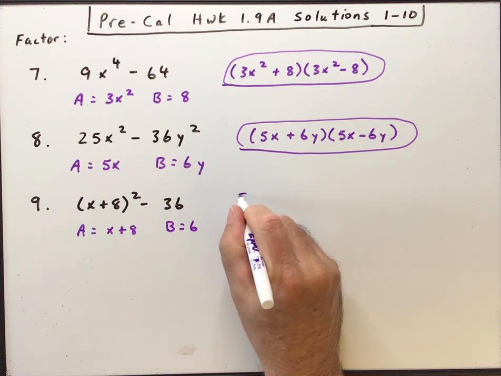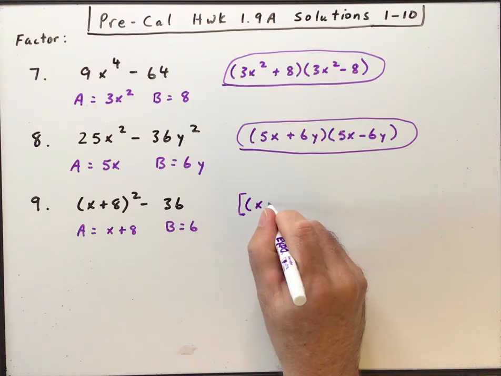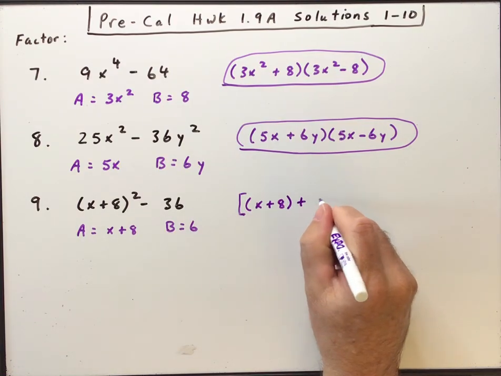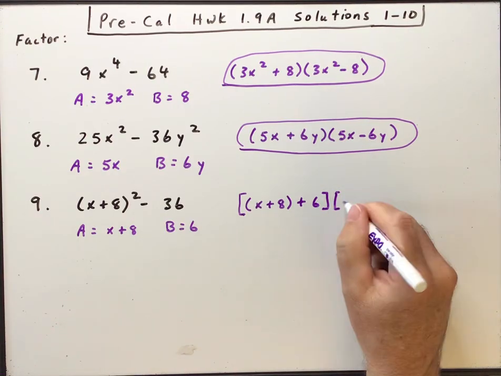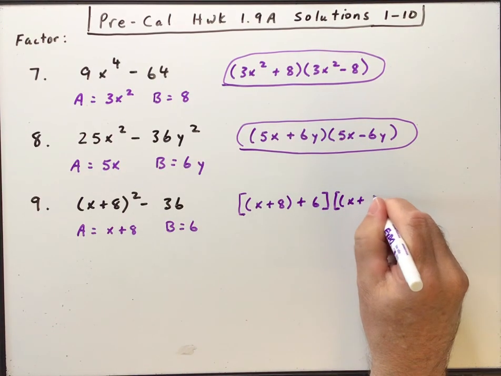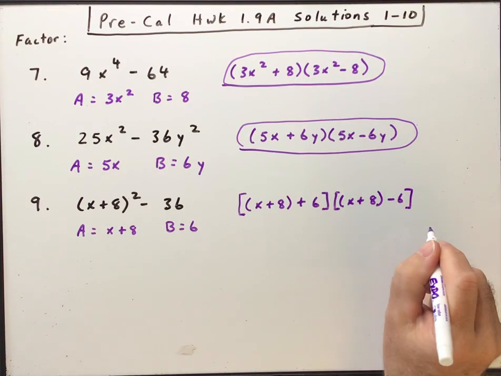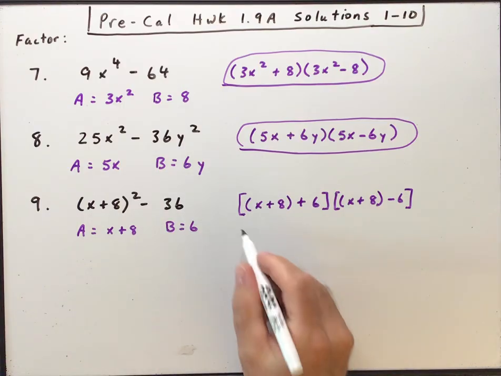So we're going to utilize brackets here. So this would be quantity x plus 8 plus 6, and then times quantity x plus 8 minus 6. All right, pretty cool. Looks like a terribly unworkable problem, but it does match the pattern.